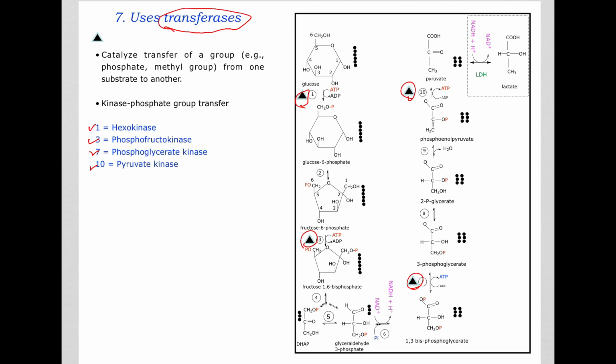Transferases are enzymes that transfer some group. This group could be a phosphate group, a methyl group, or some other group. Basically, these enzymes catalyze the transfer of a group from one substrate to another substrate.